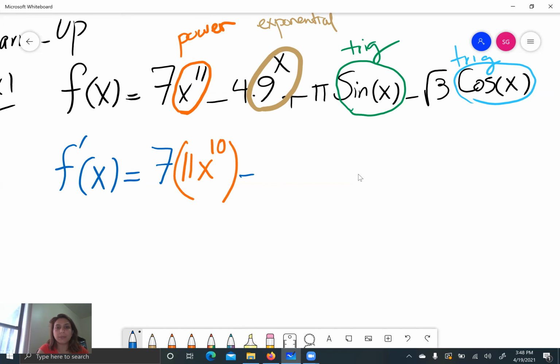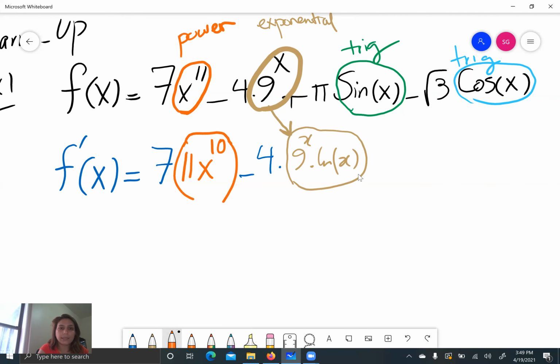So the derivative is going to be 4 times the derivative of this exponential function. The derivative of 9 to the x is 9 to the x times natural log of x. Or maybe I don't need the parentheses. 4 times 9 to the x times natural log of x. So this is the derivative of this one.